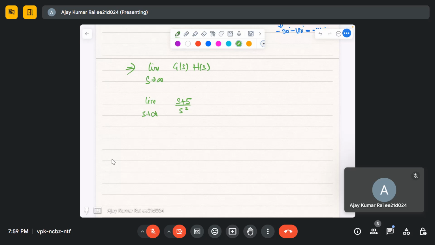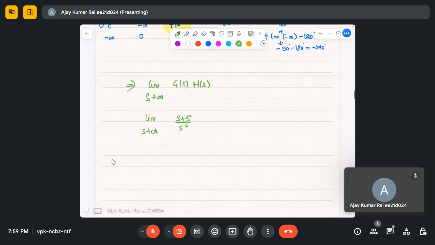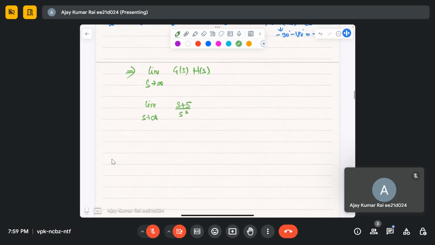Okay. What you will get here if you put s equal to infinity, obviously you will get 0, right? Because it's a proper transfer function. H(s) is a proper transfer function, so you should get a 0 or a non-zero positive value.